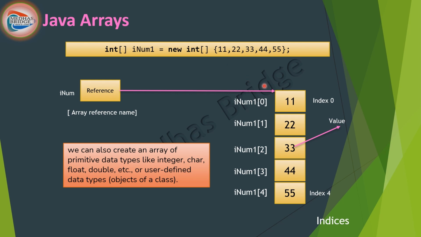You have 5 locations, 5 elements, and 5 memory placeholders of type int getting allocated, and you would see indexes from index 0 to index n minus 1. The value 11 is stored at index 0, then index 1, index 2, index 3, index 4. That is how I depicted it in the picture. So precisely, this is how you refer to these memory locations using inum.